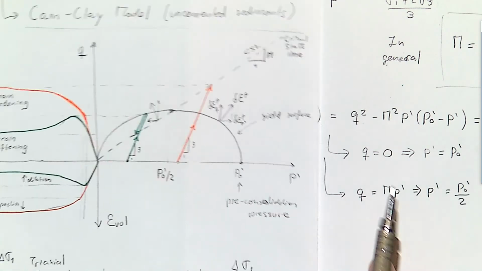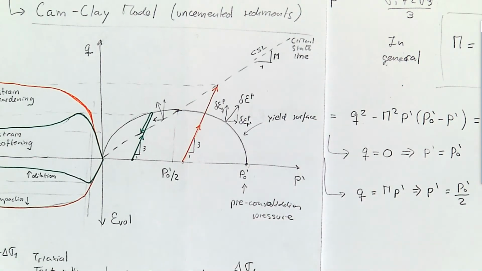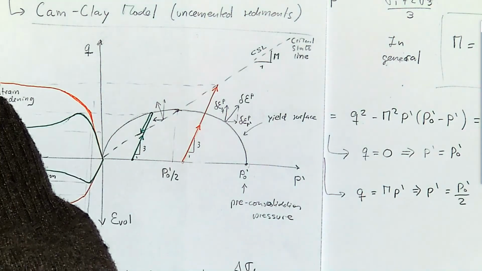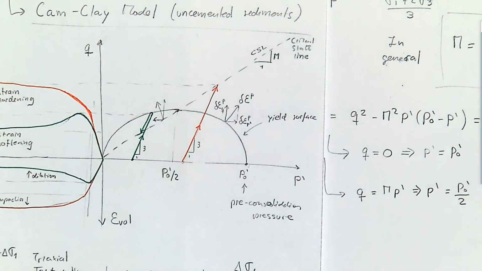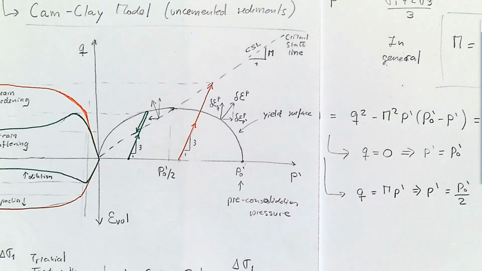But it's just an equation of an ellipse, and this is what is going to allow us to calculate our plastic strains later on, because the derivative of that is going to tell us the plastic strains. Okay.